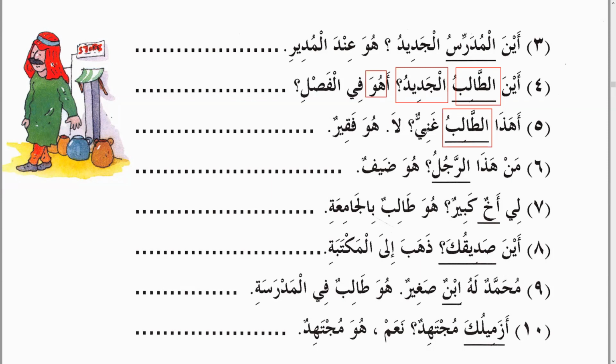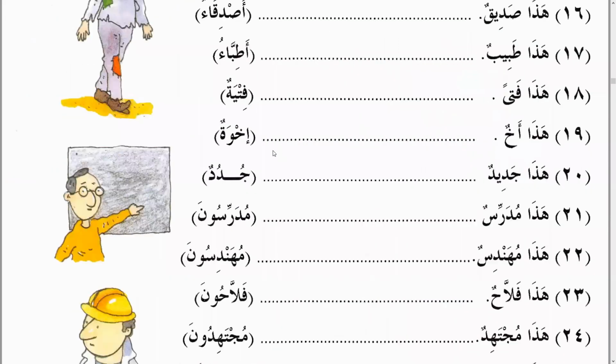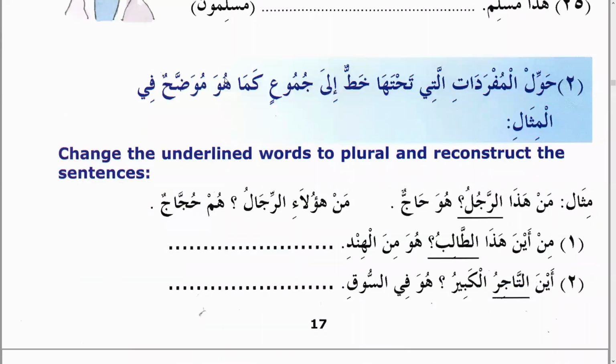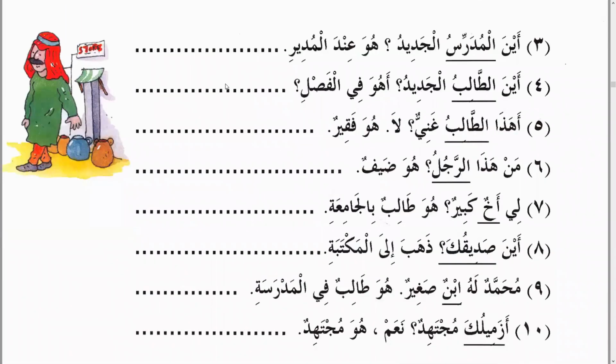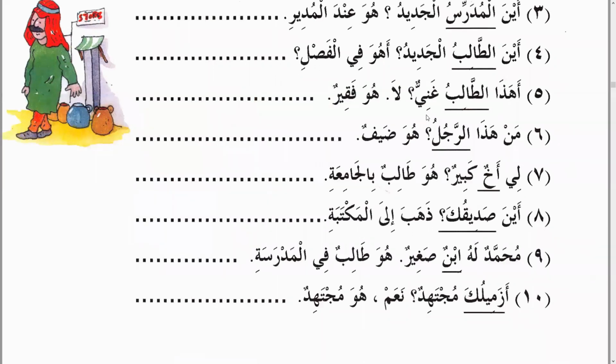We have it in the previous lesson, in the exercise. Aghniyau. Yeah, here it is. Aghniyau. We don't make our own plurals. Okay, inshallah. Right? We don't break the wheel. Alhamdulillah, that's good.